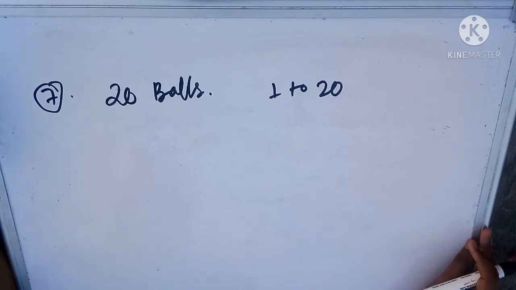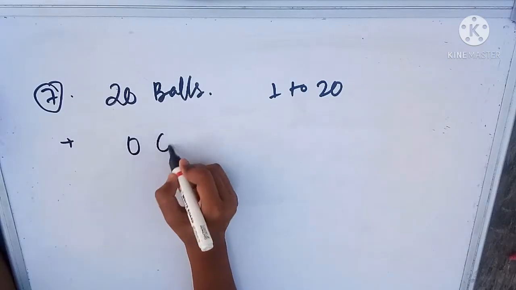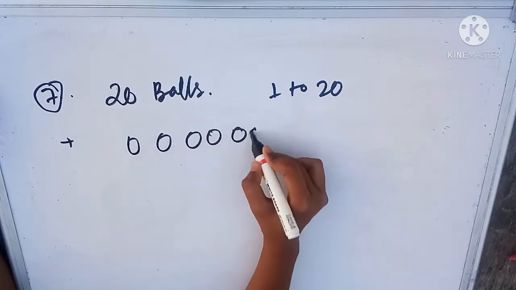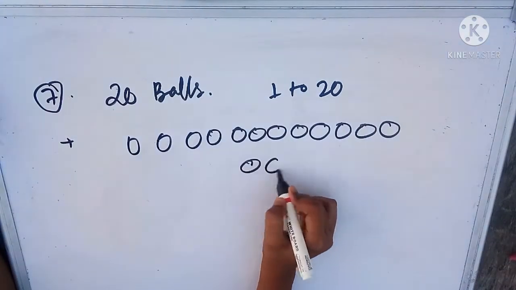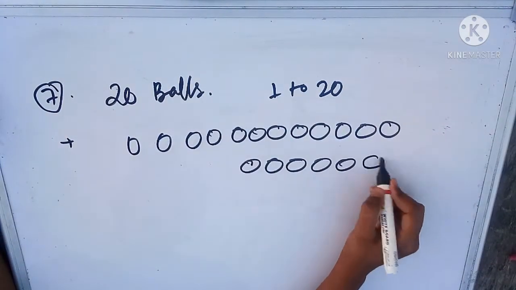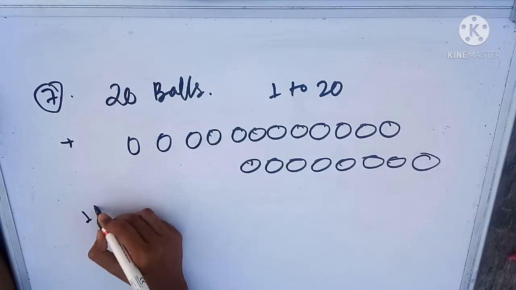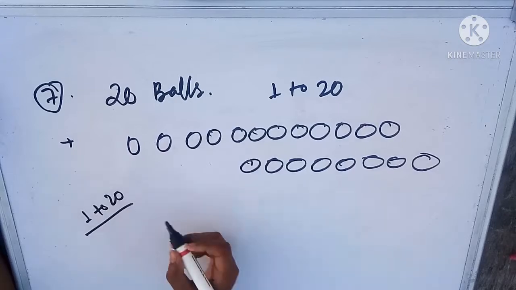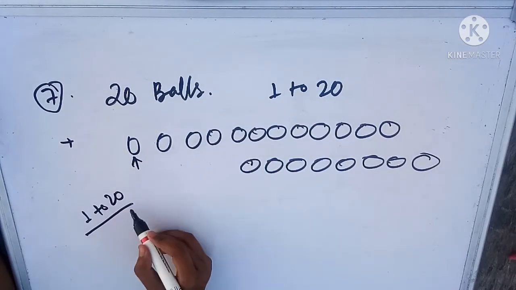Either an odd number, even number, prime number or whole number. The question is, we have 20 balls and the numbers are 1 to 20. So the first number can be any number between 1 and 20.